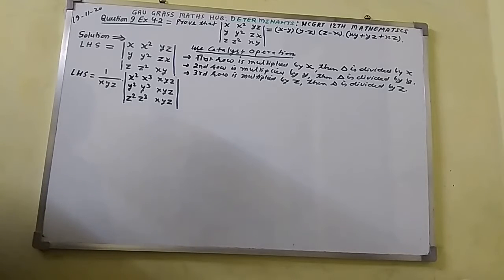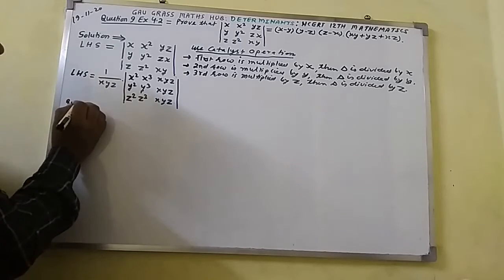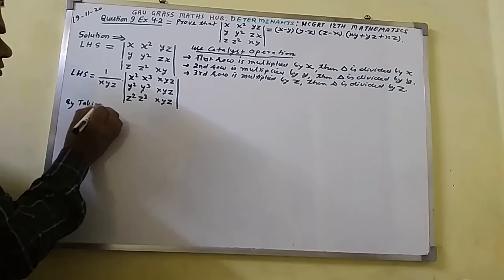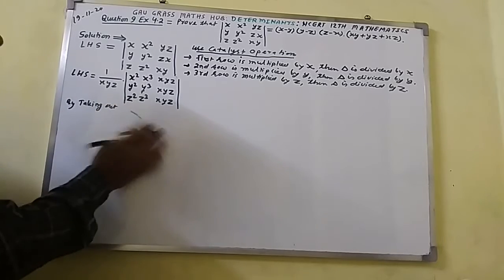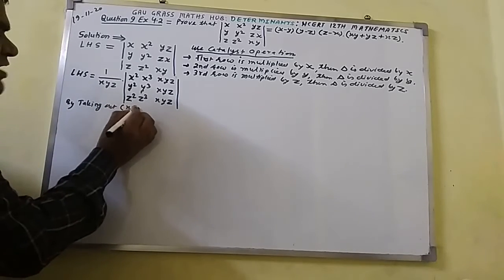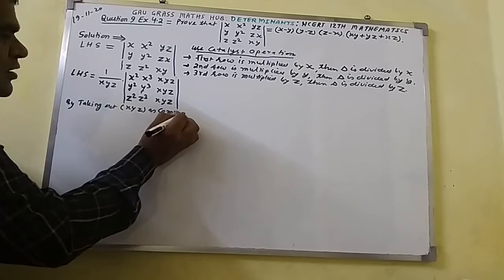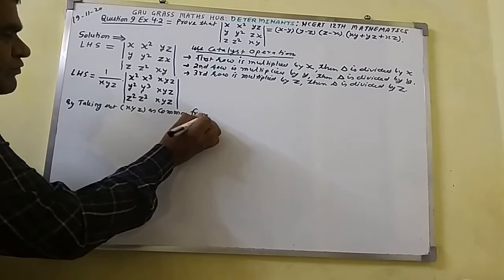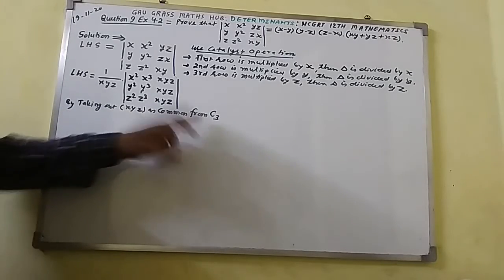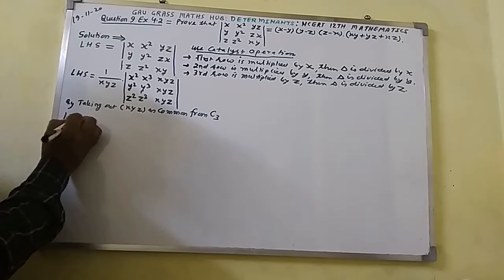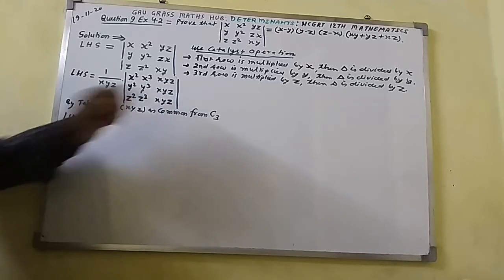So what to do here? By taking out, in bracket, x, y, z as common from C3, so here I shall get LHS equal to x, y, z, x, y, z, x, y, z.